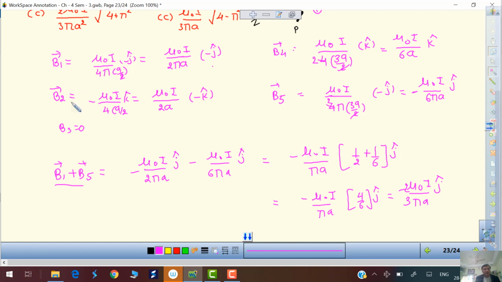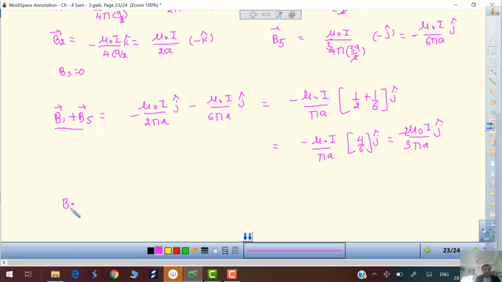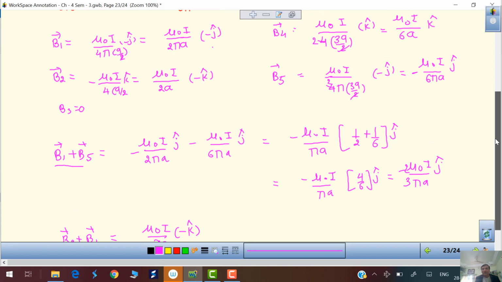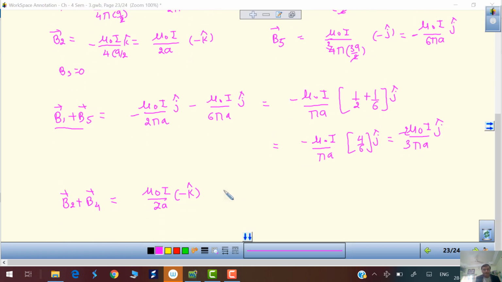And then B2 and B4, one is positive, other one is negative. So B2 plus B4, B3 is 0. So B2 is μ0 I upon 2a in the minus k direction, and B4 is μ0 I upon 6a, that is positive.